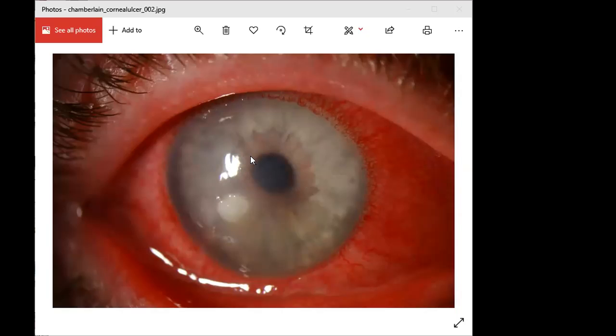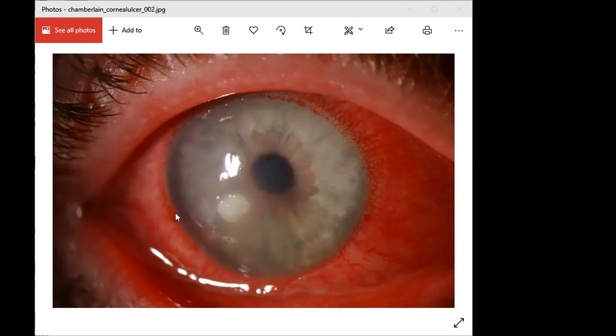Usually a bacteria may not be able to go beyond the Descemet's membrane unless it is a most virulent bacteria, or unless the patient is very immune suppressed, right? So these are the two conditions where the ulcer may go deep into the Descemet's membrane also.